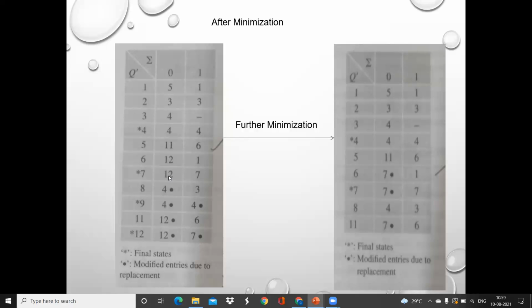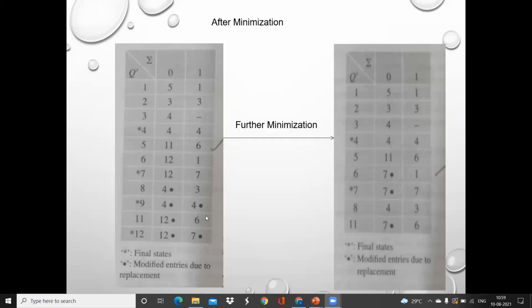State 7 on 0 transits to 12, and on 1 transits to 7 itself, and state 12 on 0 and 1 transits to 12 and 7 respectively. Their type is also the same, both are final states. So these two are equivalent states, and you can replace either 7 by 12 or 12 by 7.